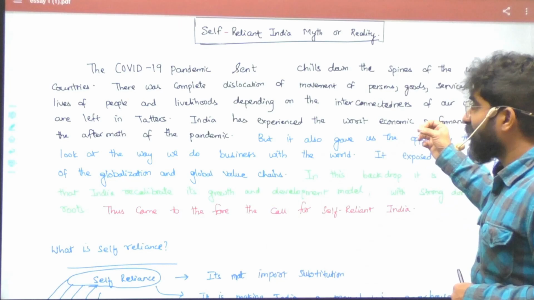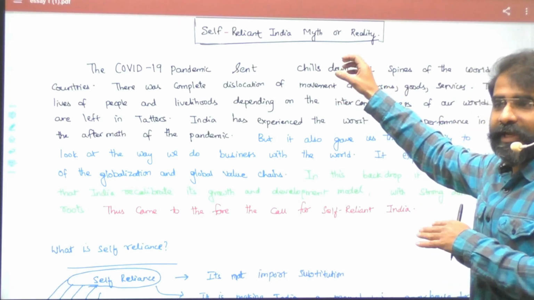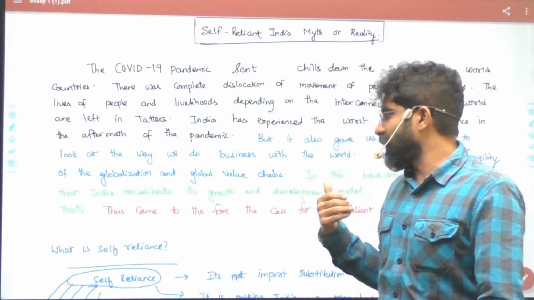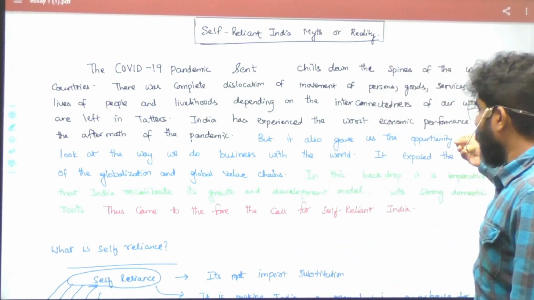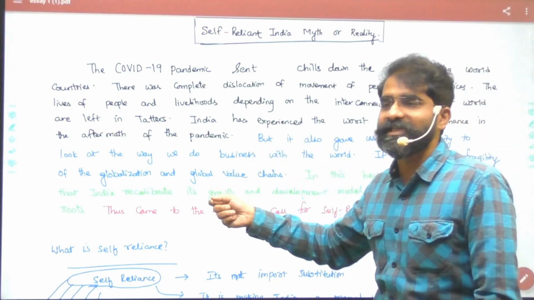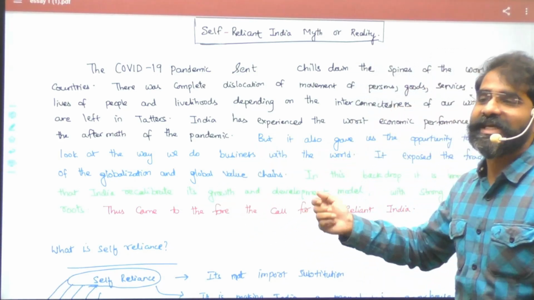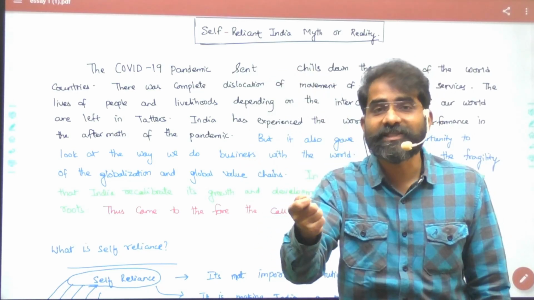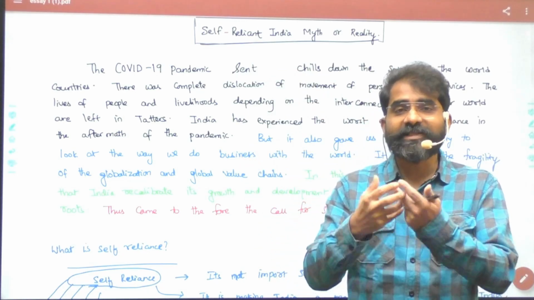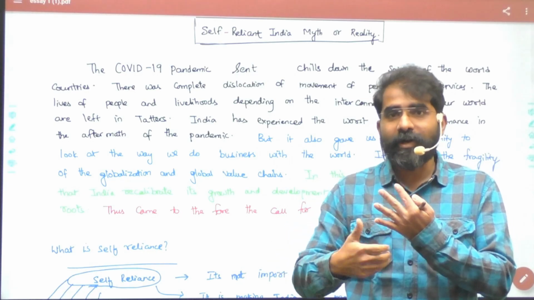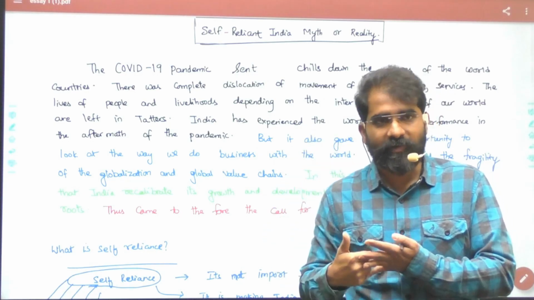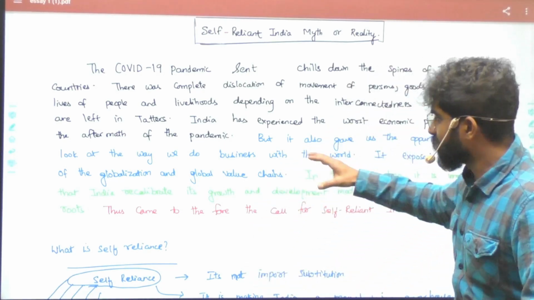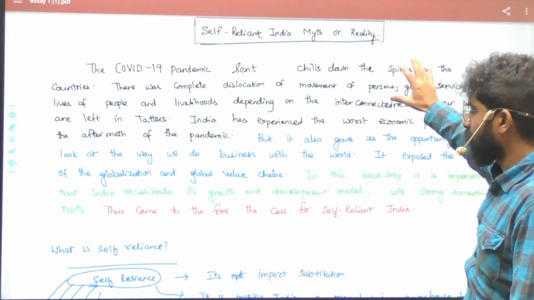But this crisis also gave us an opportunity, to look internally. It exposed the fragility of globalization and global value chains. If we get disconnected from global value chains, can India manage itself? It has given us an opportunity to look back at how our health systems and our indigenous systems are performing. This is what I have written here as the introduction.